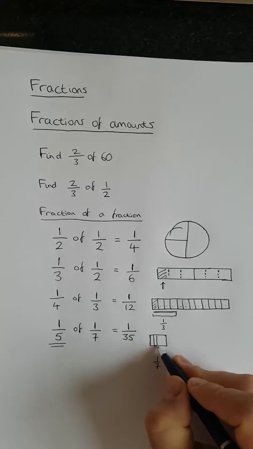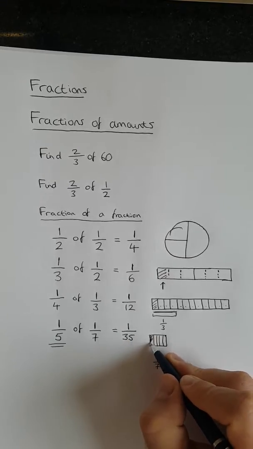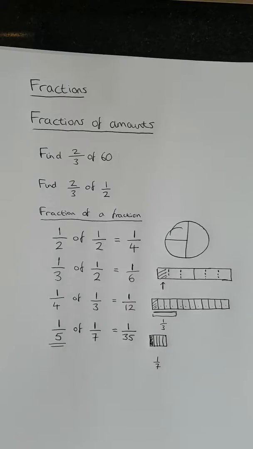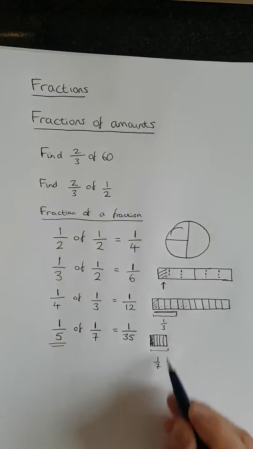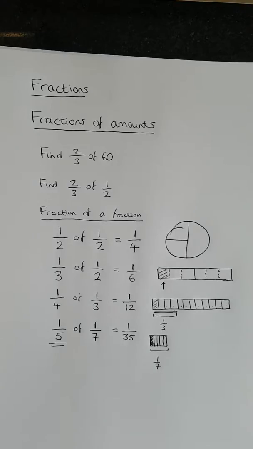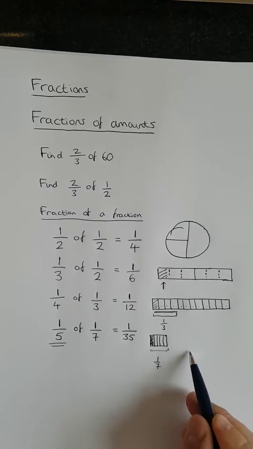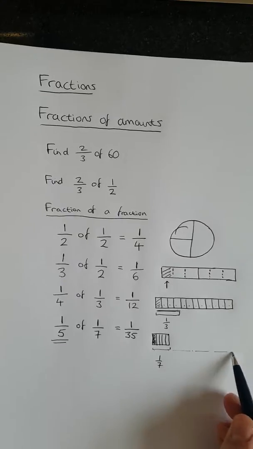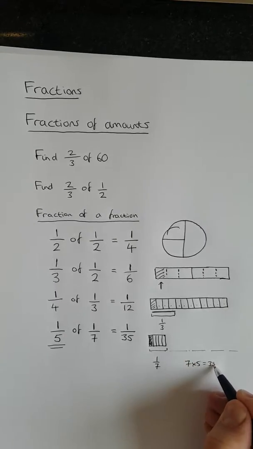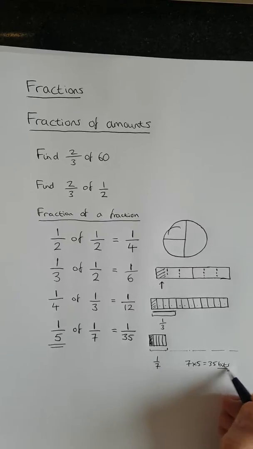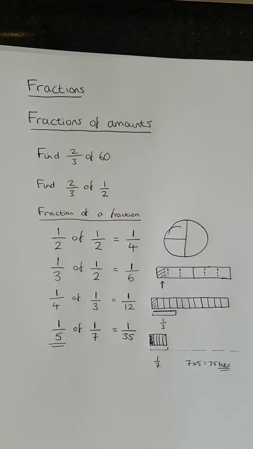And when we cut that into 5 pieces and find just one of those, we're going to have 1 bit. But each of our sevenths will now make up 5 bits. And 7 of those, each cut into 5 bits, will give me 35 pieces, making up the whole one, or 35 bits.